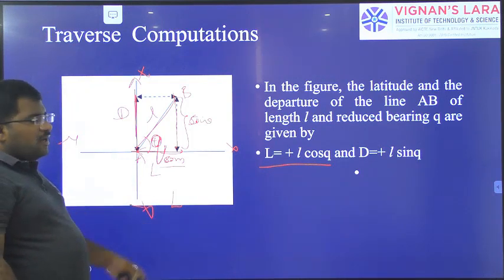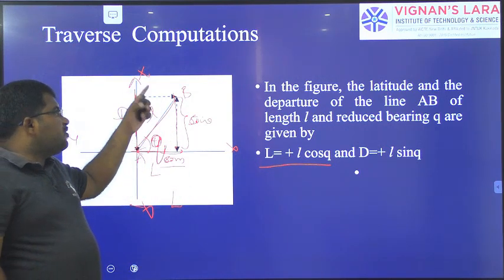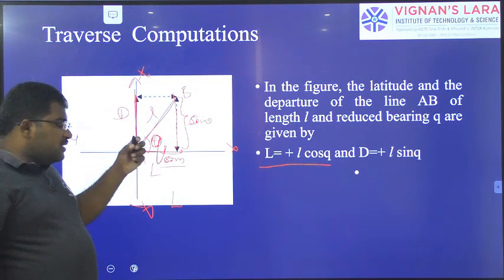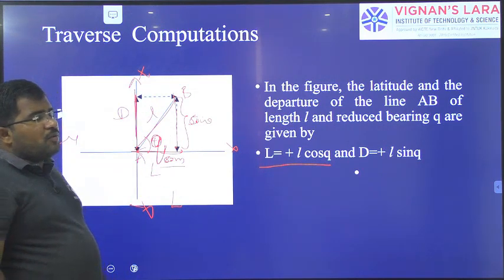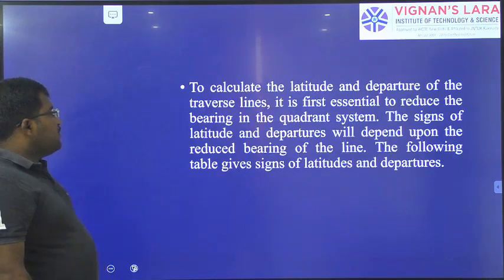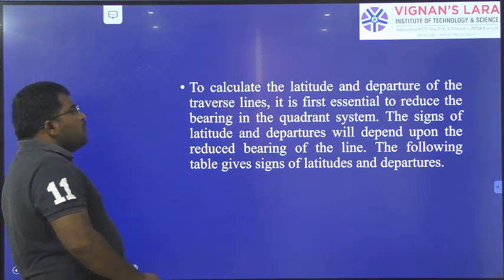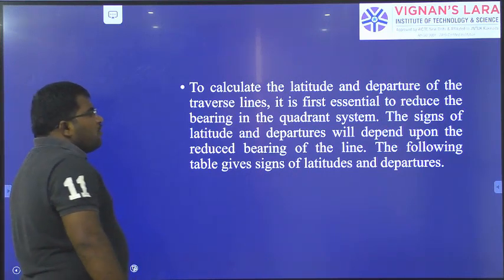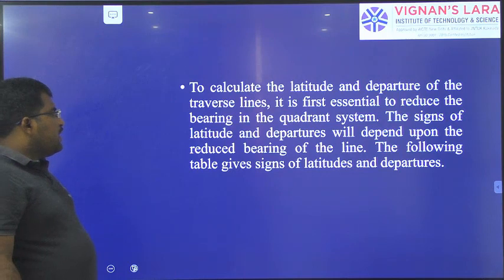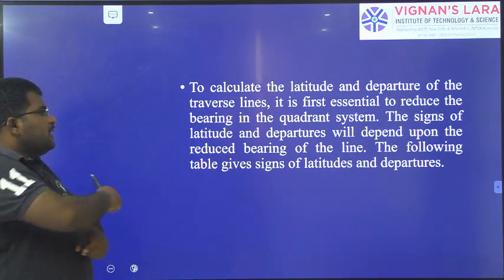In the next topic, omitted measurements, we are going to deal with this. This is the fundamental topic for that. So to calculate the latitude and departure of the traverse lines, we reduce the whole circle bearing system into the quadrant system, so the signs of latitude and departures depend upon the reduced bearing of the line.